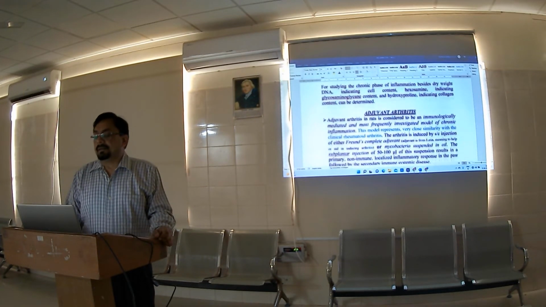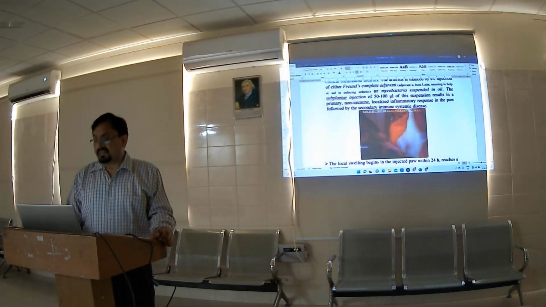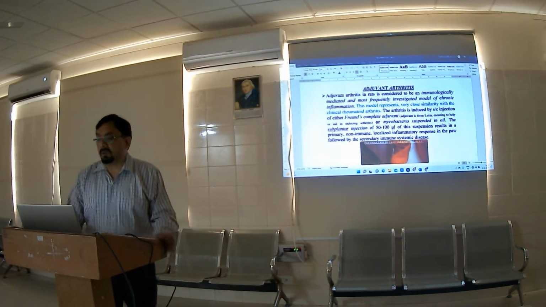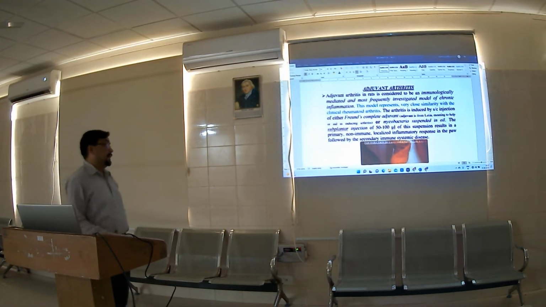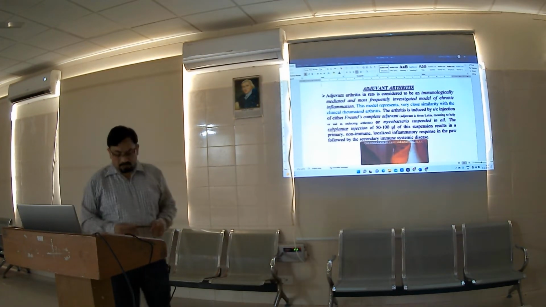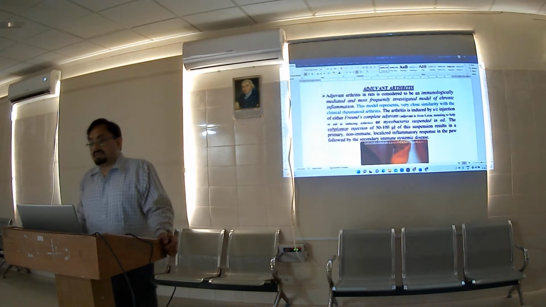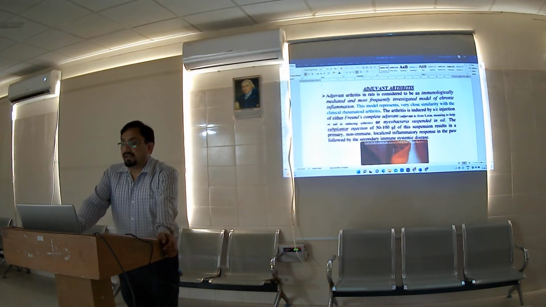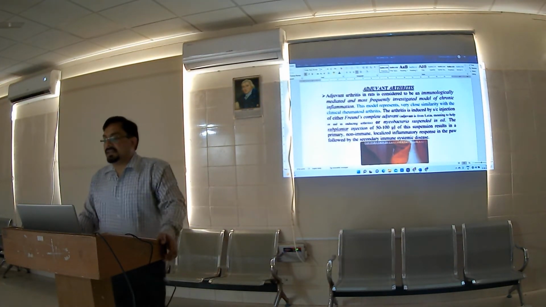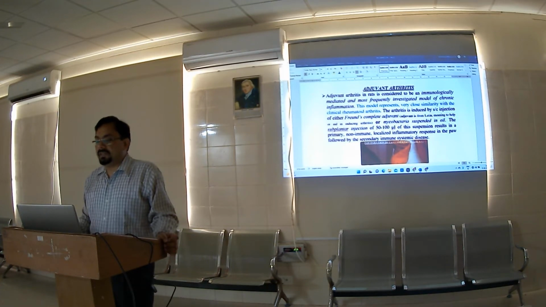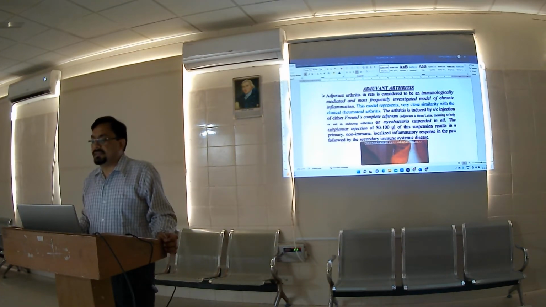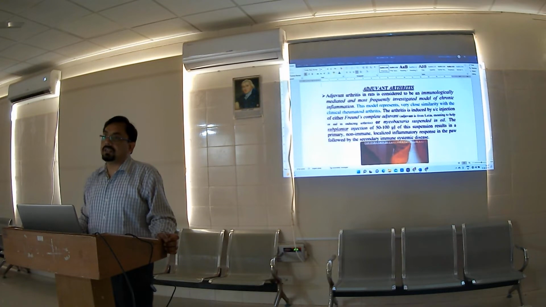Then the next thing which we were discussing is the arthritic model, adjuvant arthritis. Arthritis is also a type of chronic inflammation, and when you see the text, you will find that adjuvant arthritis in rat is considered to be an immunologically mediated and the most frequently investigated model of chronic inflammation.